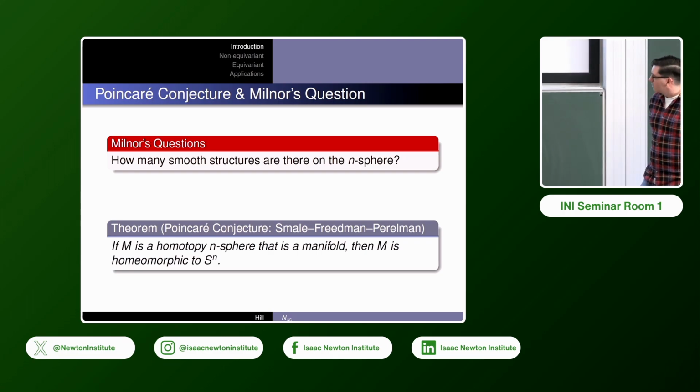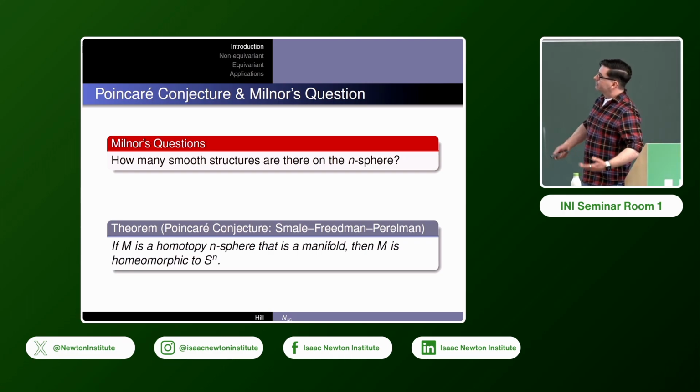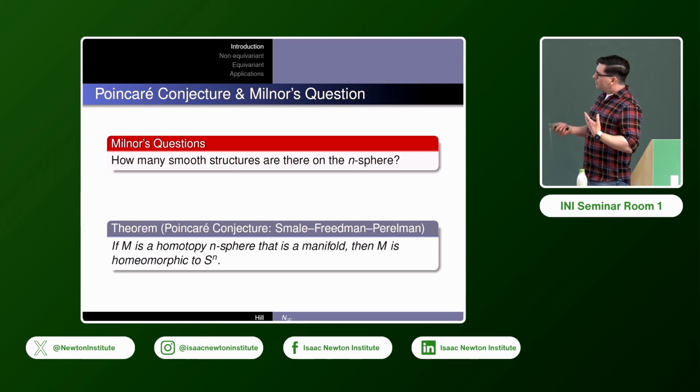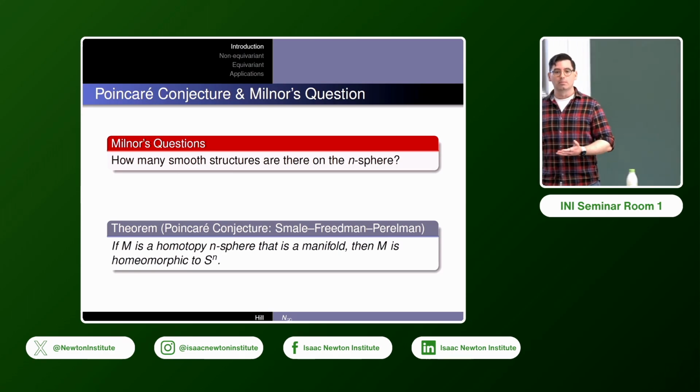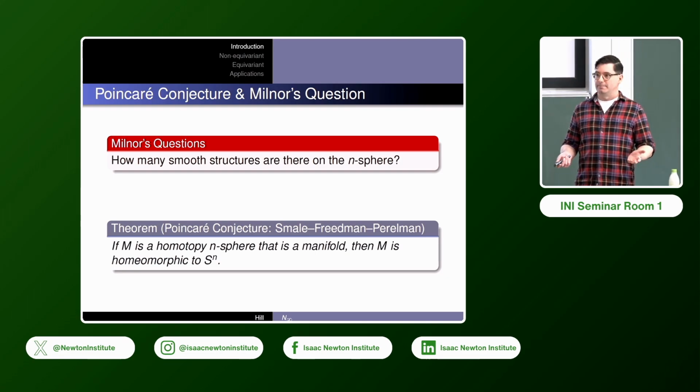And so this led to the question of, well, how many do I possibly have? And one of the ways this started to be approached is actually through the Poincaré conjecture, and to sort of lift the problem into a more homotopical one.